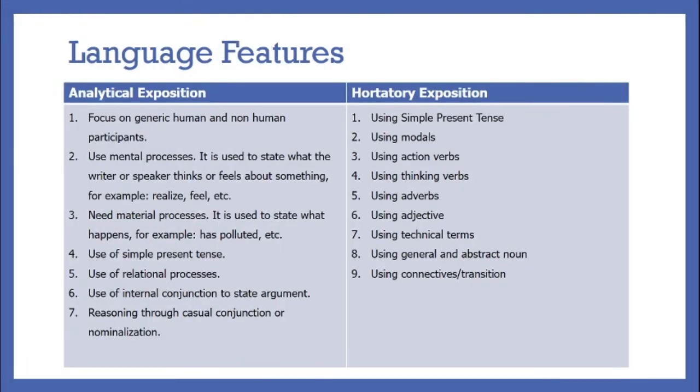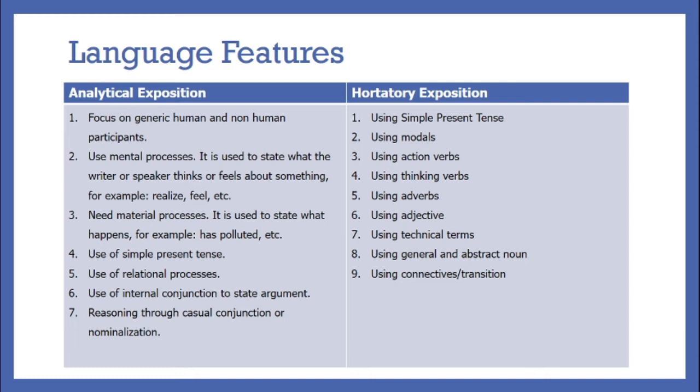The language features of analytical exposition. 1. Focus on generic human and non-human participants. 2. Use of mental processes. It is used to state what the writer or speaker thinks or feels about some things, for example, realize, feel, etc. 3. Use of material processes.